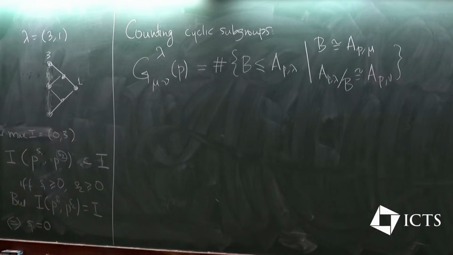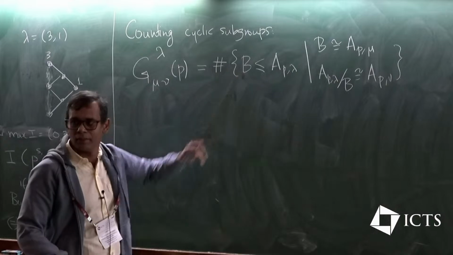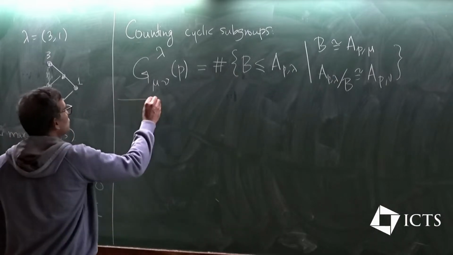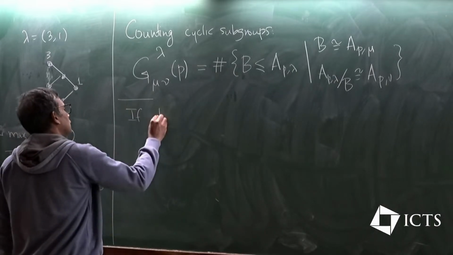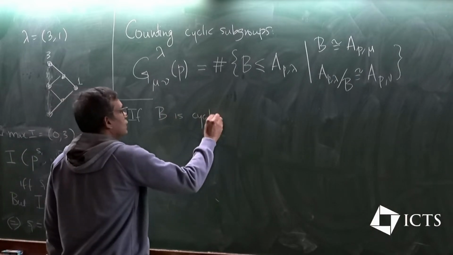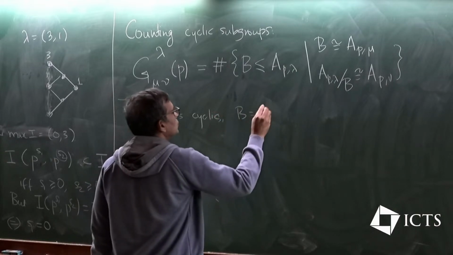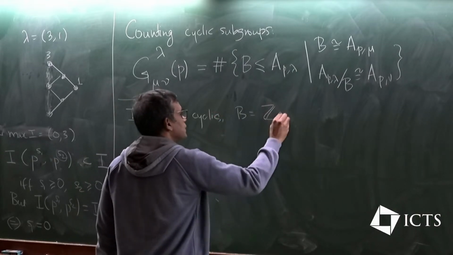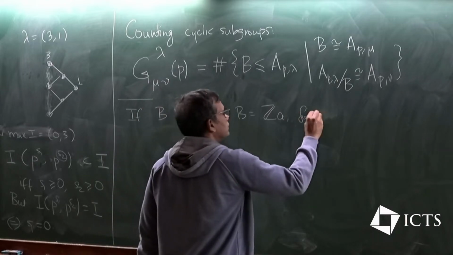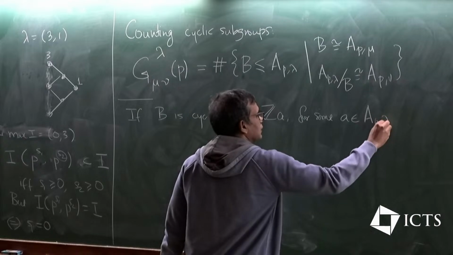But right now we already have a formula for a special case where this subgroup B is cyclic. So suppose we assume that B is equal to Z times A for some A belongs to A_p lambda.